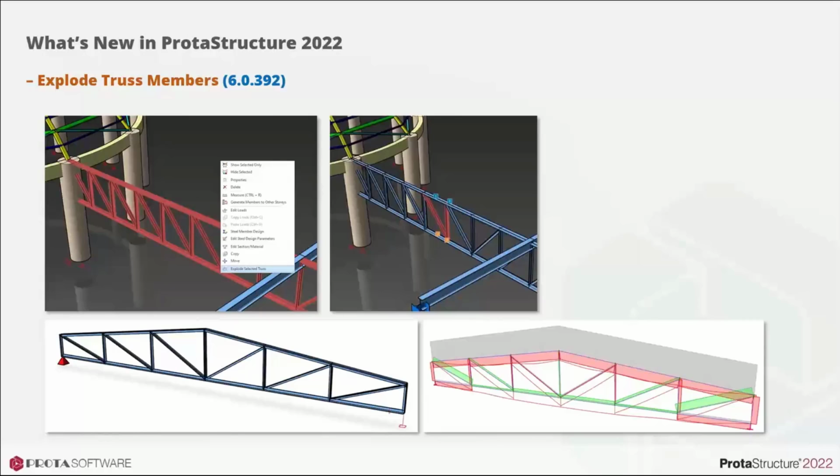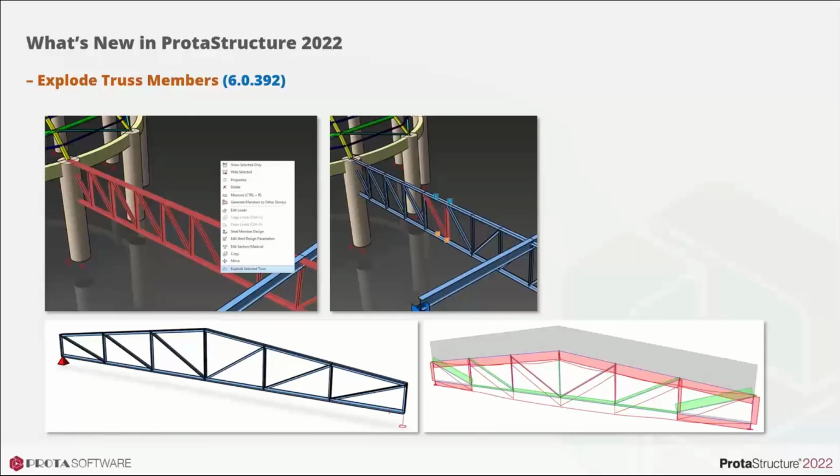You can even create trusses from your existing DXF files if they are already drawn in the CAD editor. Additionally, in ProtaStructure, you can already freely apply loads on the trusses in any direction at any load case. So these are already the existing features which are really comprehensive regarding trusses.